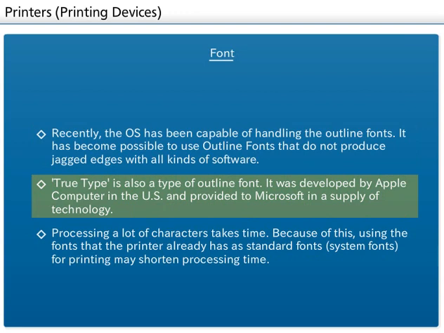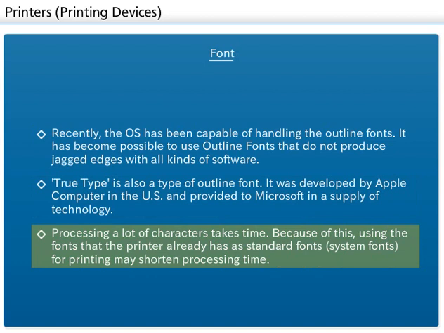It was developed by Apple Computer in the US and provided to Microsoft in a supply of technology. However, processing a lot of characters takes time. Because of this, using the fonts that the printer already has as standard fonts, system fonts, for printing may shorten processing time.